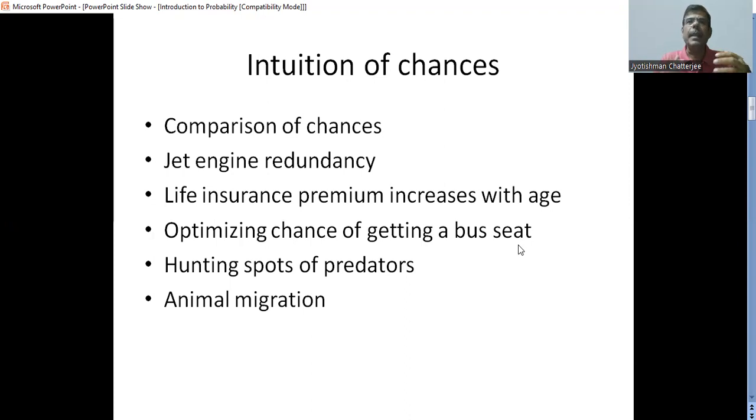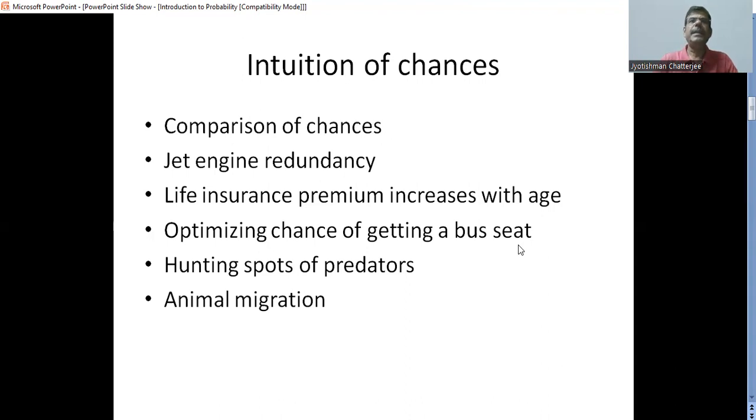So in a nutshell, adding more engines increases the reliability or reduces the chance of accident. That's quite clear even without any calculation. How much chance will be reduced? That's a more detailed calculation. But even without calculation, we can say that if we add more engines, then there will be less chance of accident.